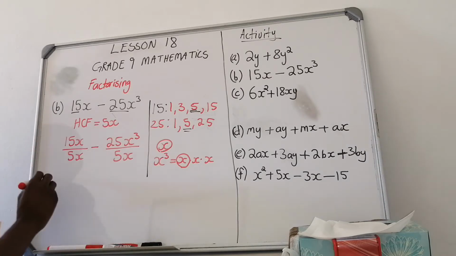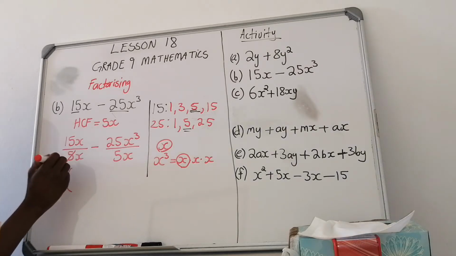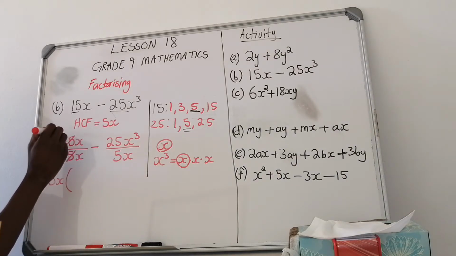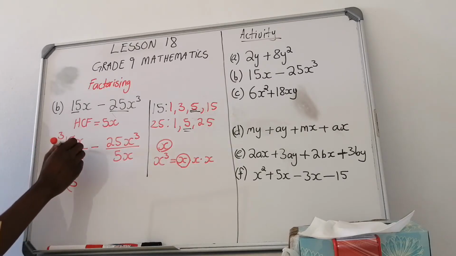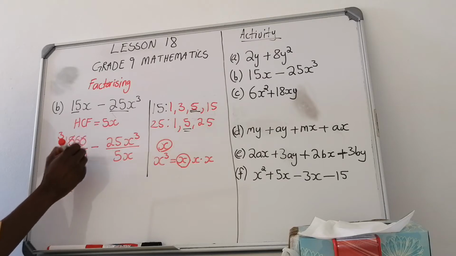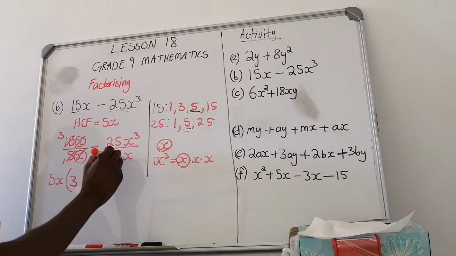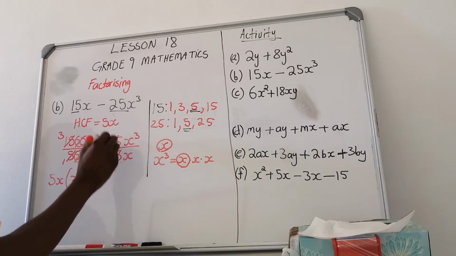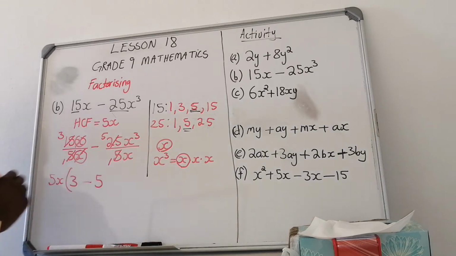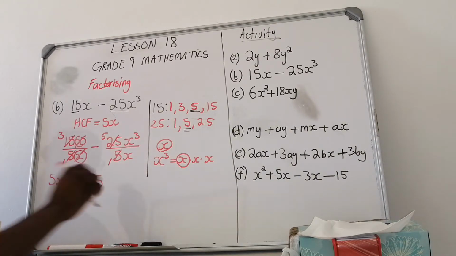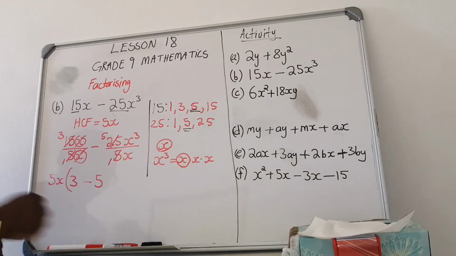We write 5x and open up the bracket. 5 goes into 15 3 times, so 3 divided by 1 is just 3. The x will cancel each other, so there will be no x here. Minus 25 divided by 5 is 5. And then we have x cubed divided by x. What is x cubed divided by x?